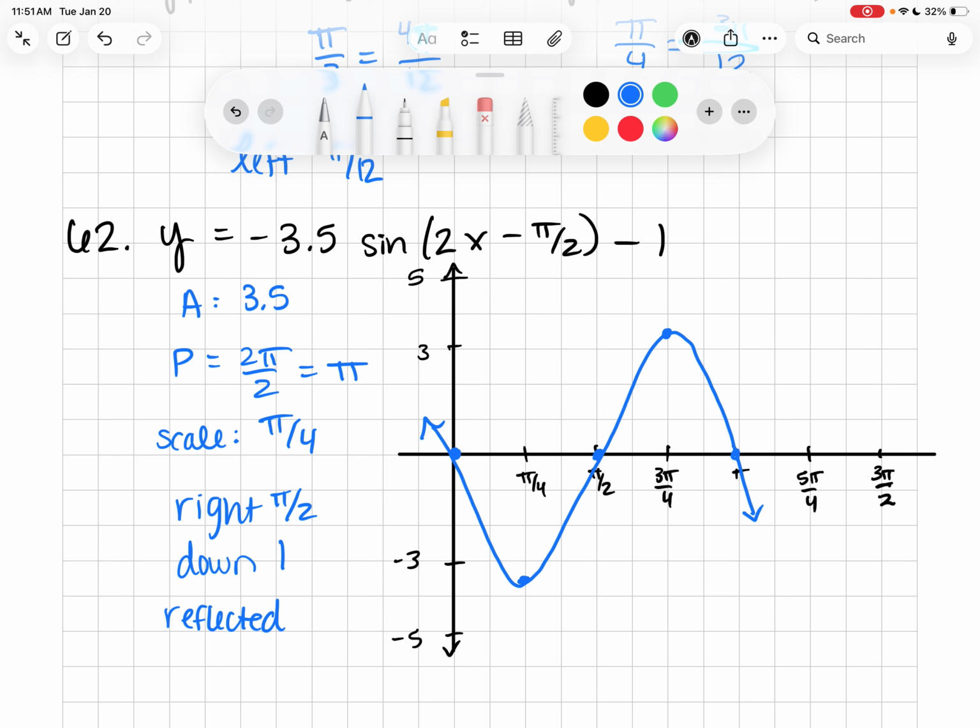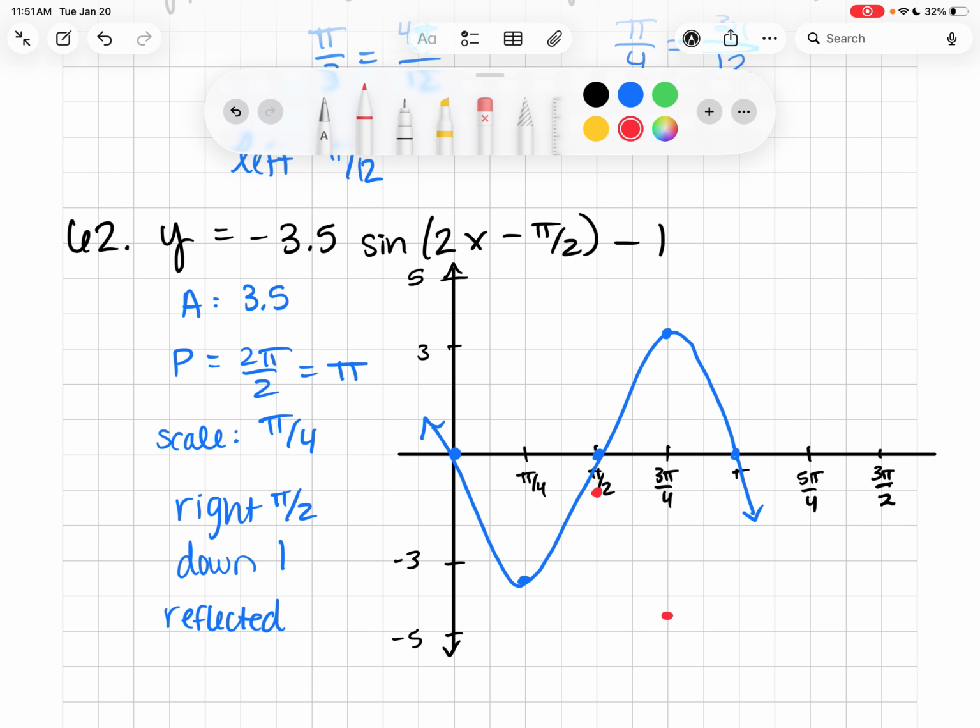But anyways. So then at this point, I would do my 2 shifts at the same time. So it's going right pi over 2, which notice just like the one that we did earlier that was shifted, that means it's actually going over 2 spots and then down 1. So my one at the origin is going right pi over 2, down 1. This point down here is going right pi over 2 to 3 pi over 4, down 1.